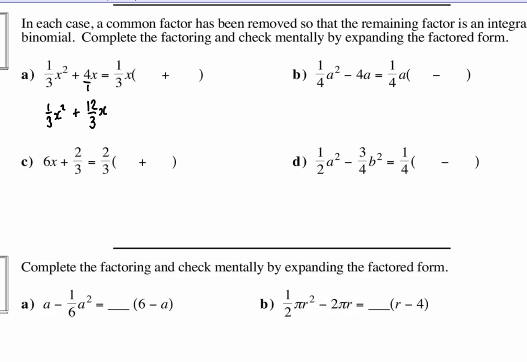So would you agree that 4 over 1 is the same thing as 12 over 3? So, 1/3 and 4, 4 is the same thing as 4 over 1. So I want a common denominator.